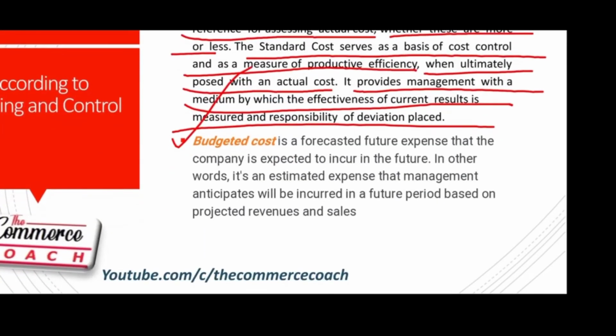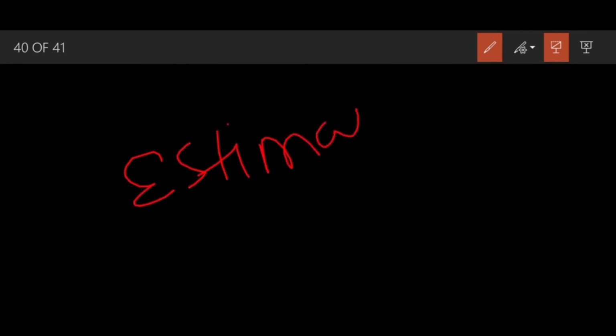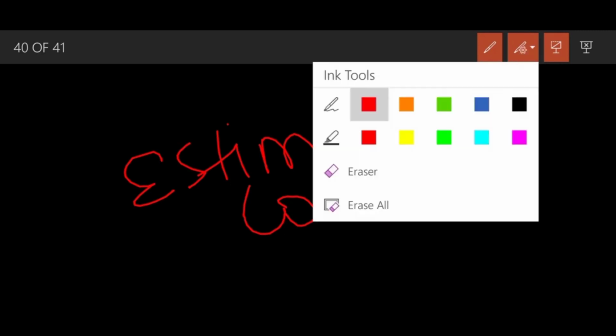Now that standard cost is done, we will be talking about budgeted cost. Budgeted cost means the estimated cost, not the actual cost, the estimated cost that you are thinking will be incurred.